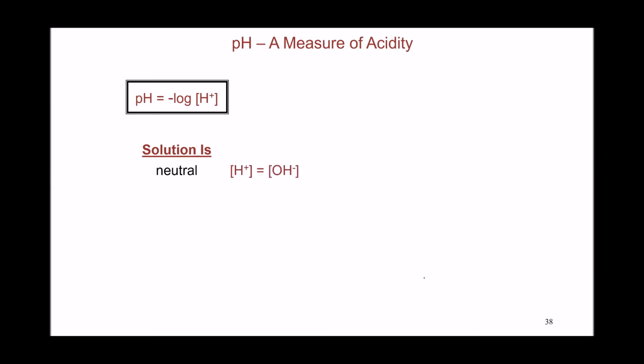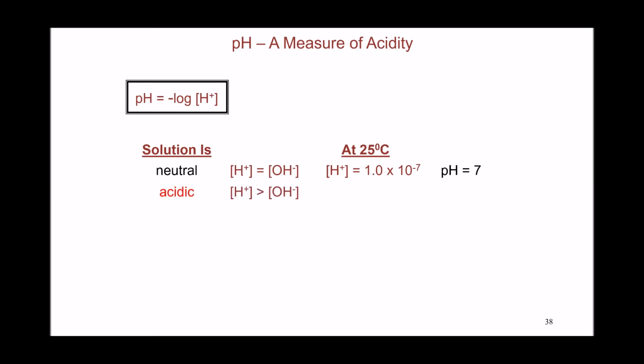So if your solution is neutral, that means that the hydrogen ion concentration equals the hydroxide ion concentration in the sample, and both of them are going to equal 1 times 10 to negative 7, which will make pH equal 7. So any neutral sample will have a pH of 7.